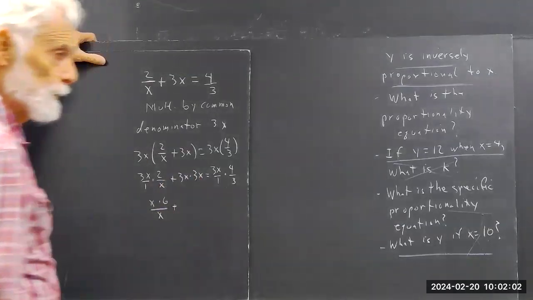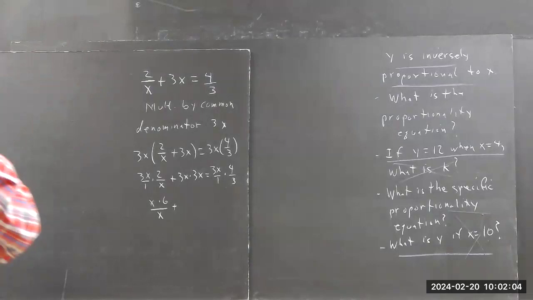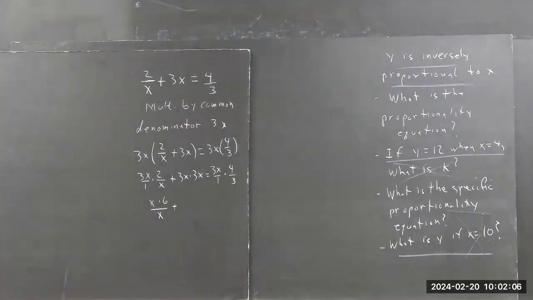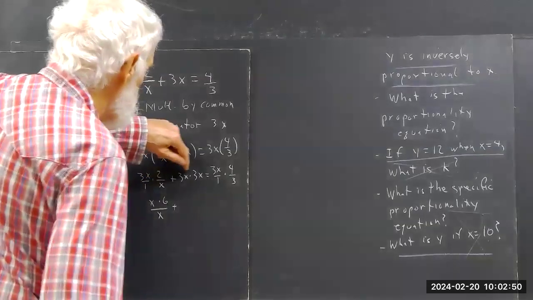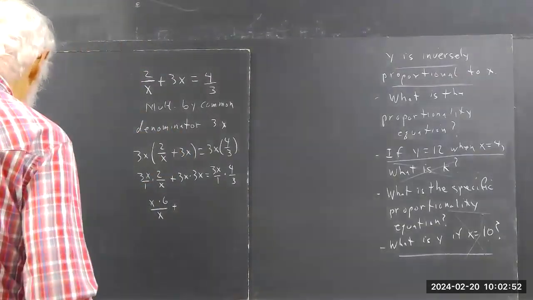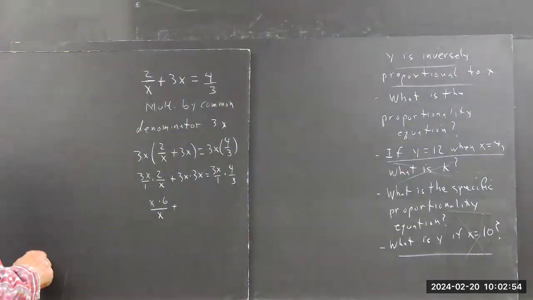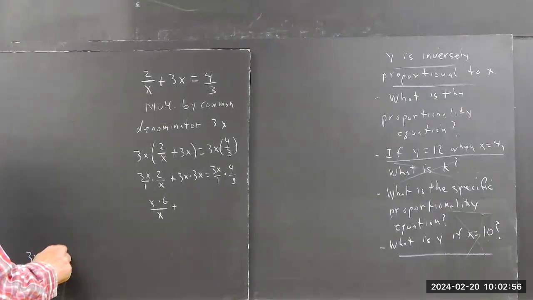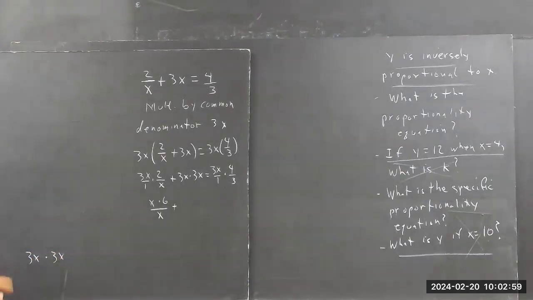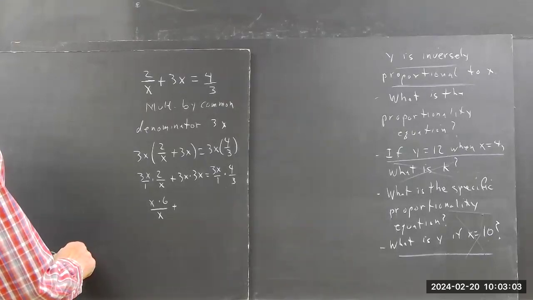What's 3x times 3x? Write that down. Tell me what 3x times 3x is. Make a little note over here. See that, 3x times 3x could be written in different order.